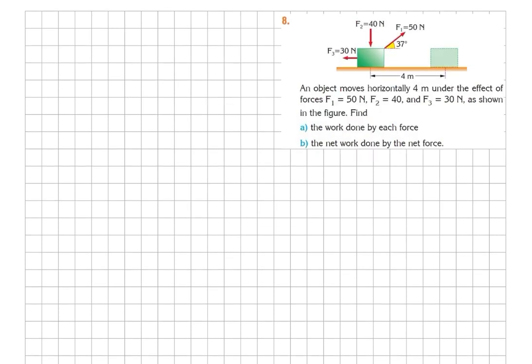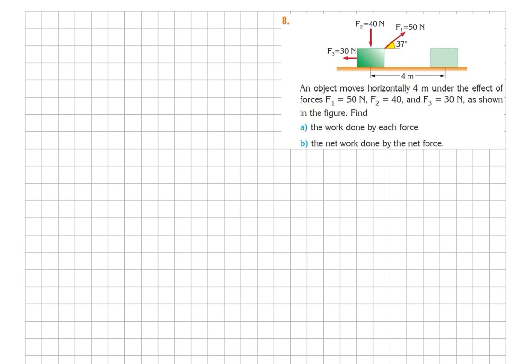Question 8. An object moves horizontally 4 meters under the effect of three forces shown in the figure. Find the work done by each force and then find the net work done by the net force.